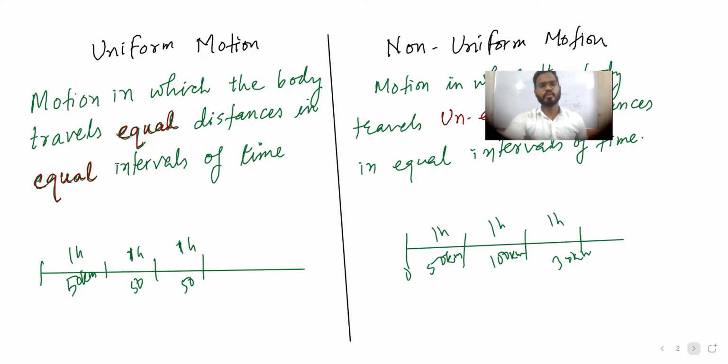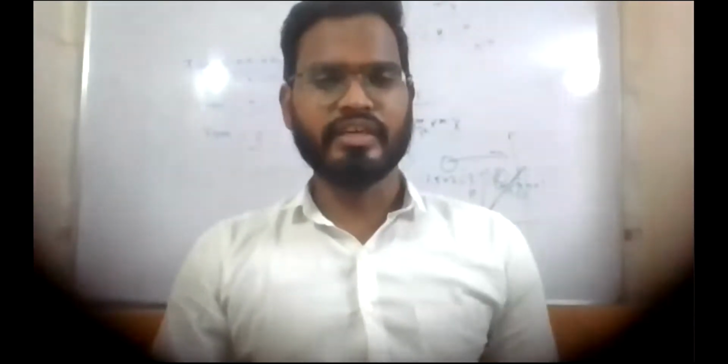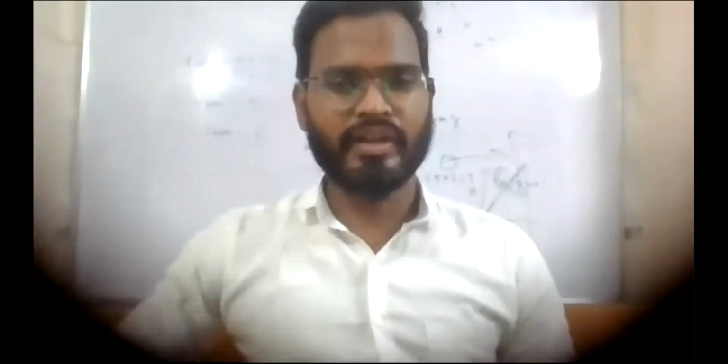So the first thing is uniform motion and non-uniform motion. Suppose a truck is running on a road with a speed of 60 km per hour.